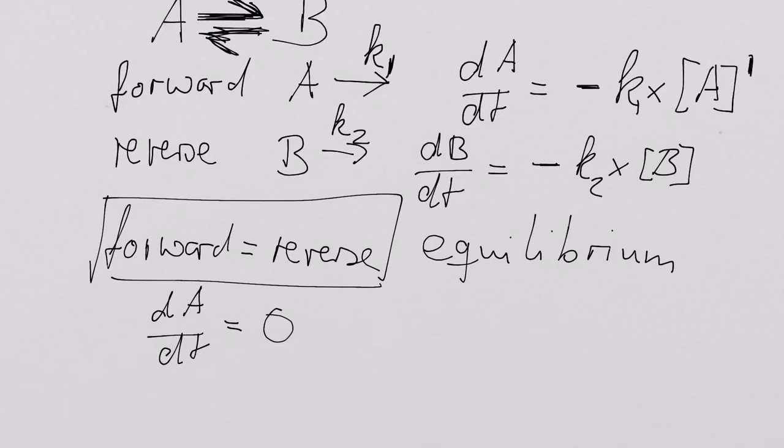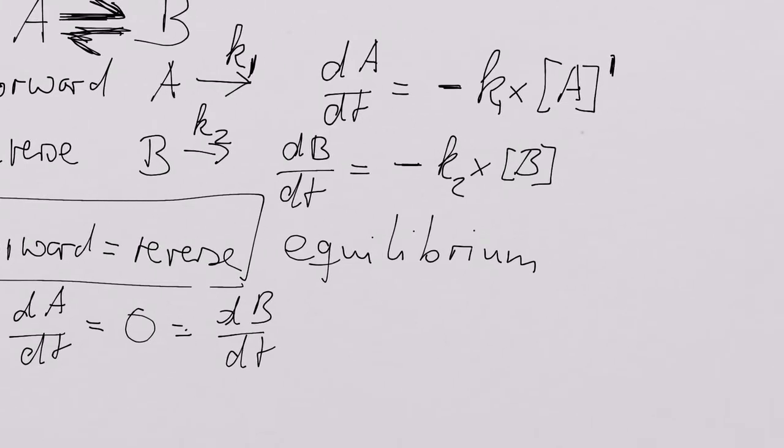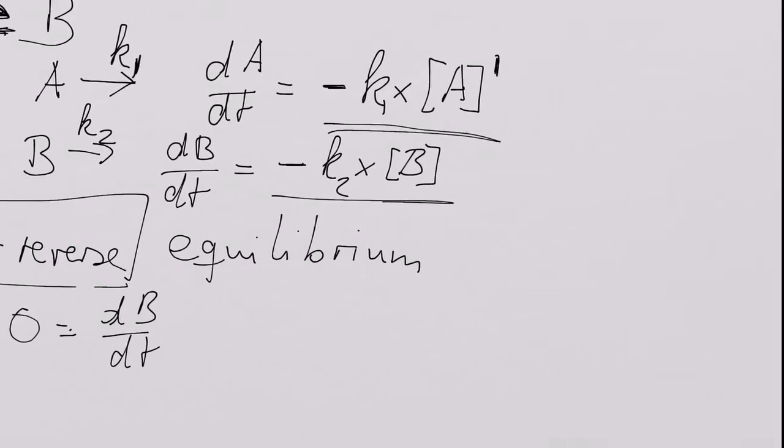You still have some A left, maybe. But it doesn't change. And that's the same as dB over dt. I think I need to erase this erratic thing. Or in other words, we have set up some equations here. So I write them on a new page.